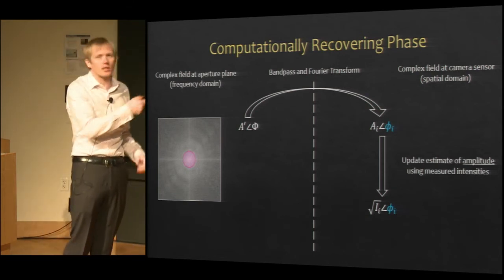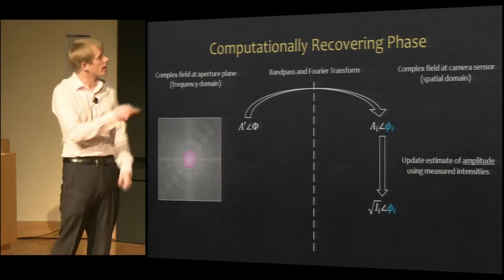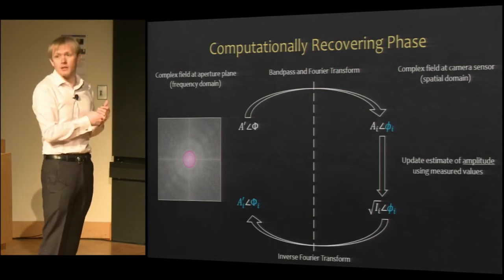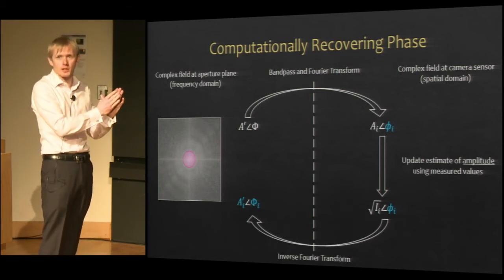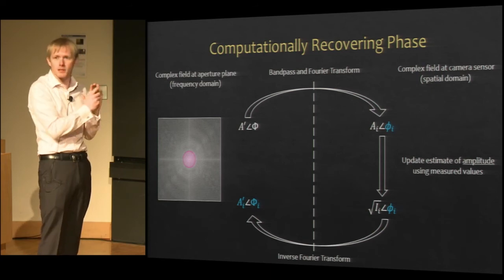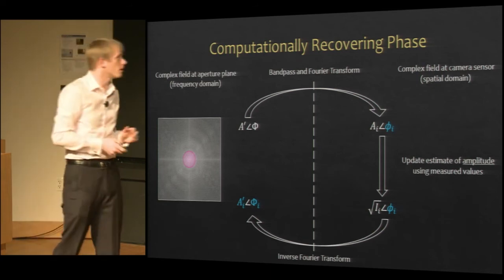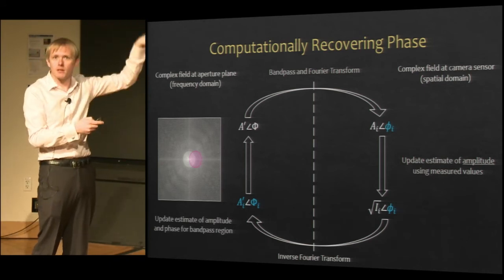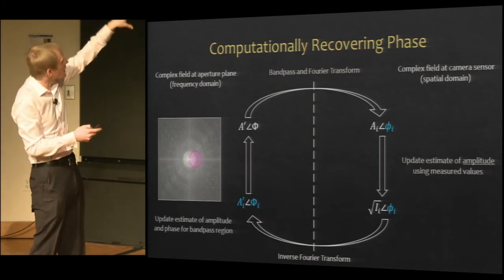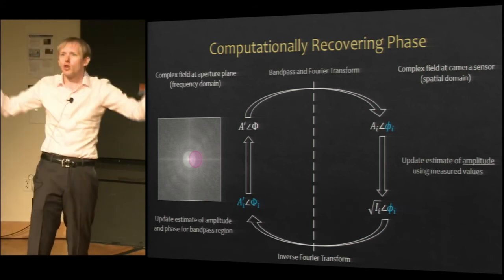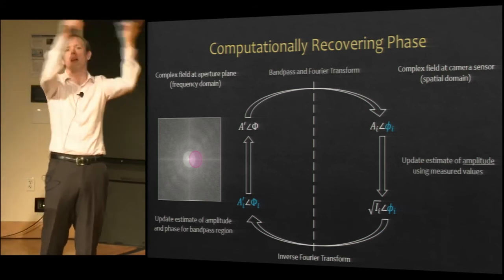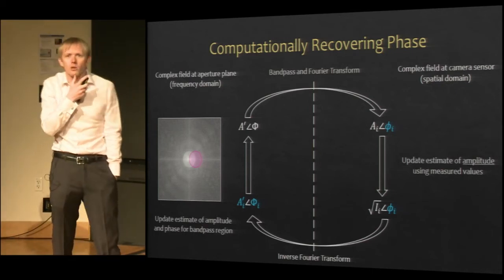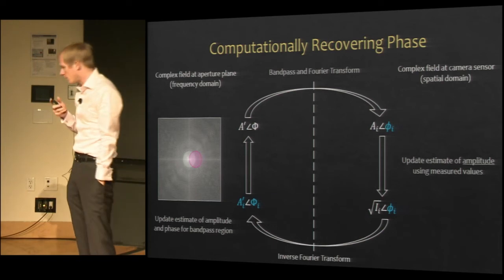Enforce the correct magnitude that I've observed, leaving the phase untouched. Bring it back into the aperture plane through the inverse Fourier transform, where we now have updated estimates of that complex wavefront, and then move to the next region and repeat, rinse and repeat. And then we'll go through the entire Fourier region, have some global estimate, which is still incorrect, and then do it again, right? And we'll keep doing these iterations until we're satisfied that the optimization has converged.